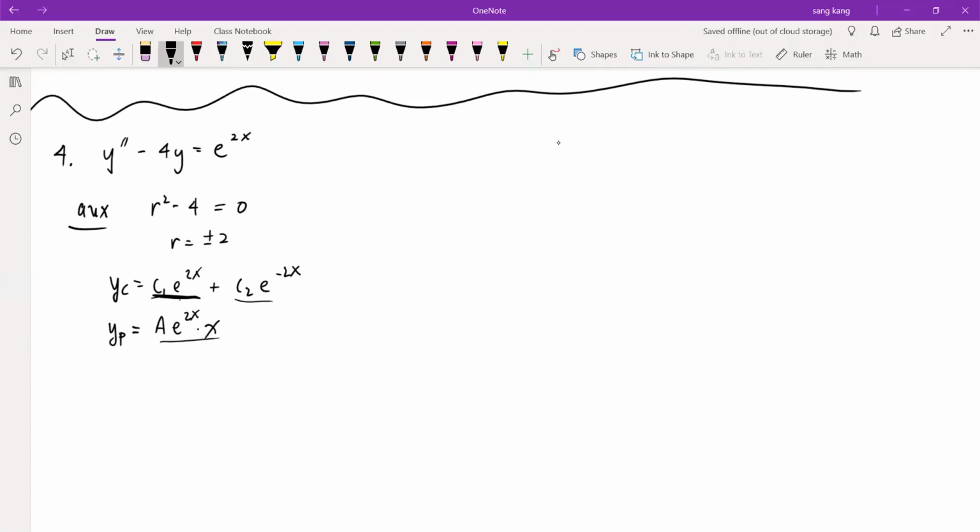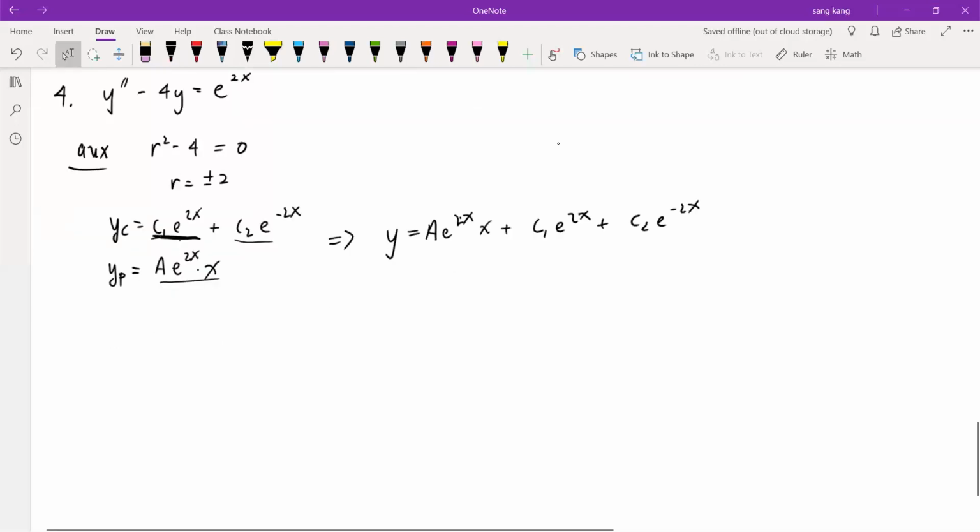So when we go to create our general solution, we'll have a e to the 2x times x plus c1 e to the 2x plus c2 e to the minus 2x, right? So we'll have all different terms.